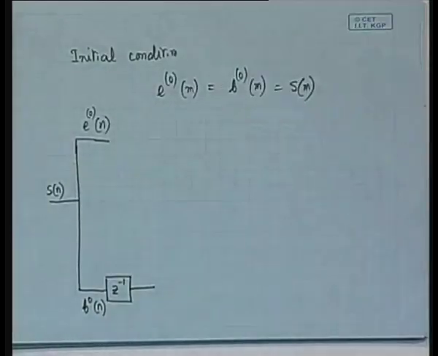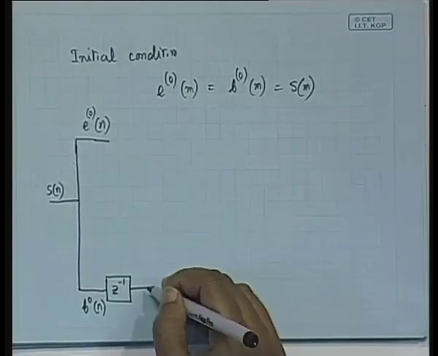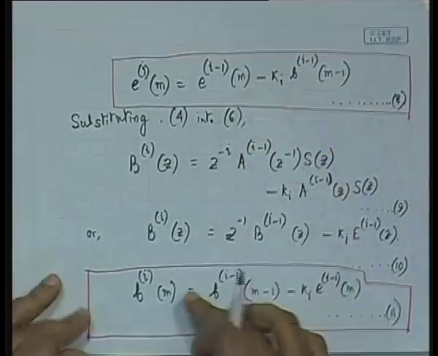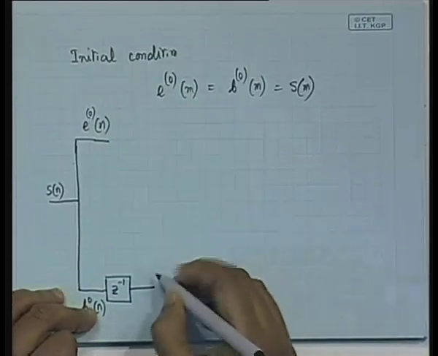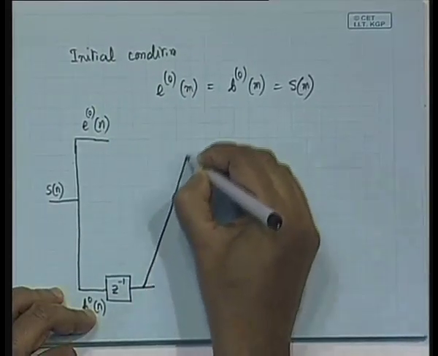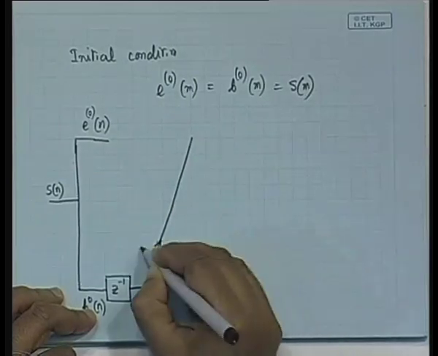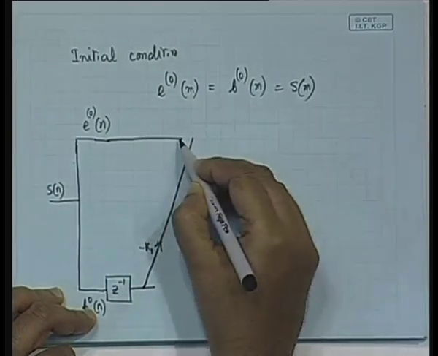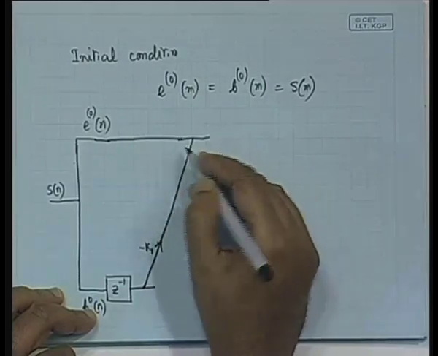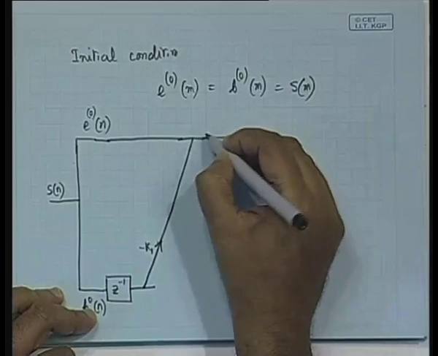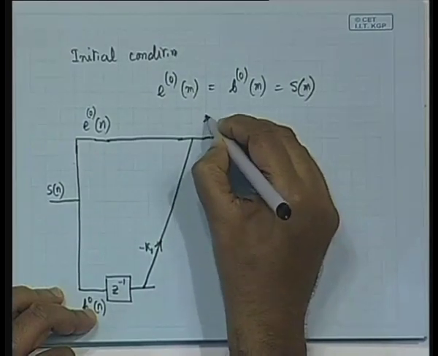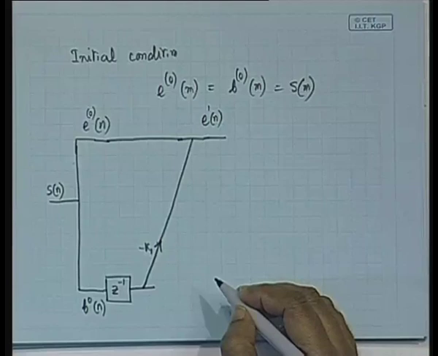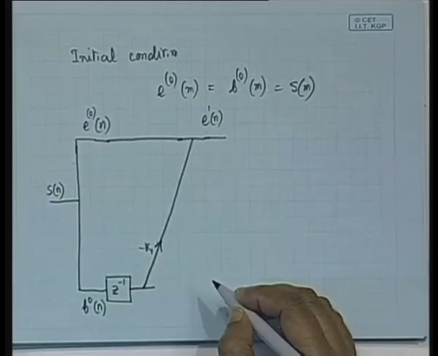So we have to multiply this B0 of n minus 1 by a factor, not exactly k1, rather minus k1. So what we simply do is multiply this by a coefficient minus k1, and then we are going to add up, right. So if we add up, what results over here? E1 of n.